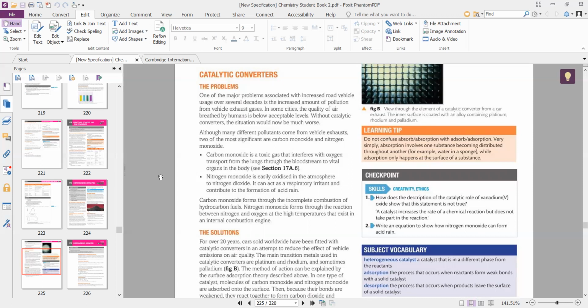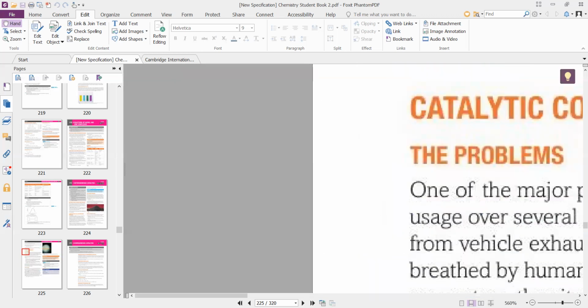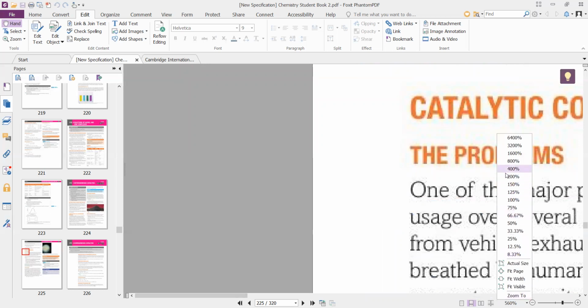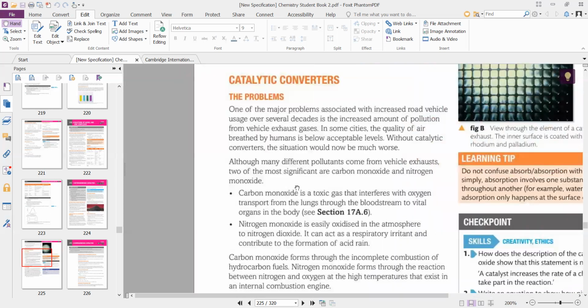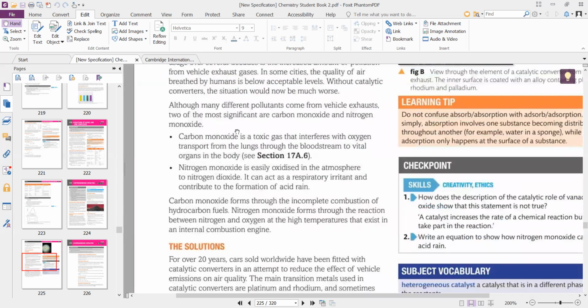Number 3, catalytic converter. It is a part of the vehicle's exhaust pipe.